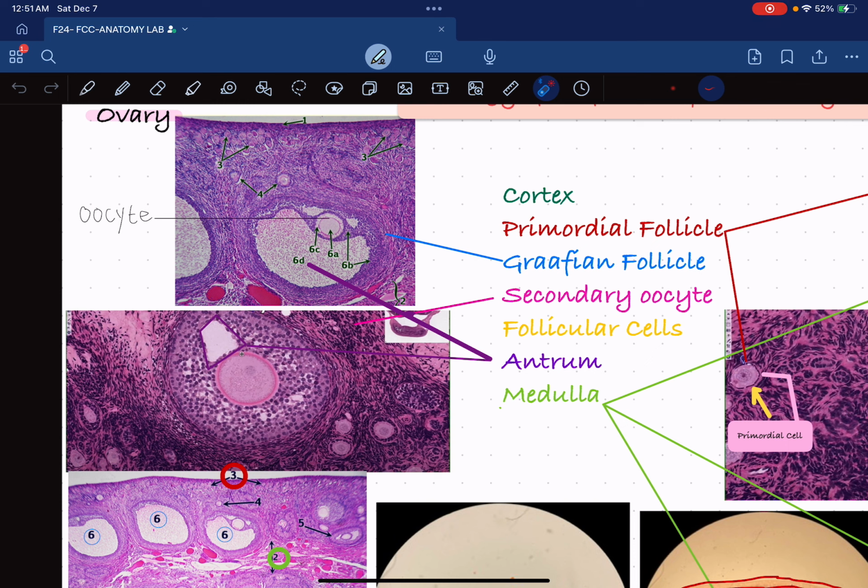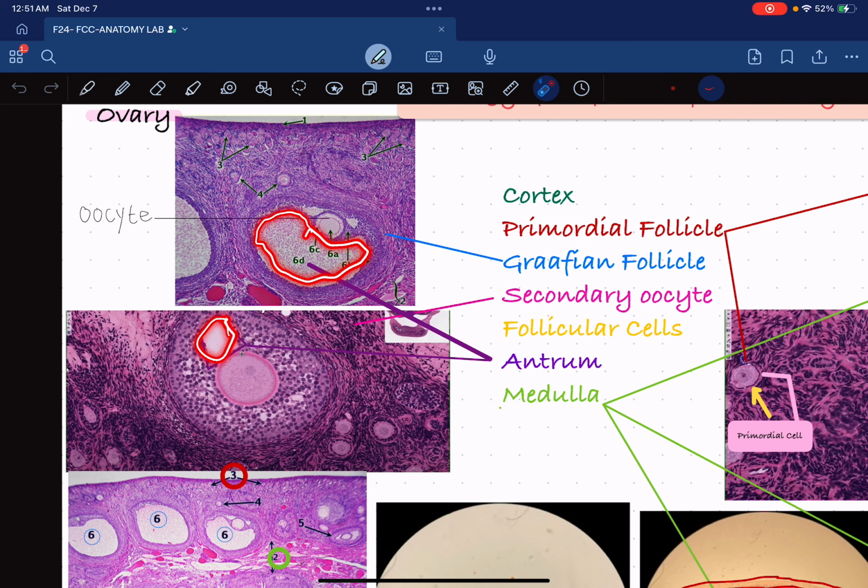The antrum is a white space with fluid building up, and this fluid is called liquor folliculi. Not that we needed to know that, just thought it was a fun little fact. This is the antrum, this white space.